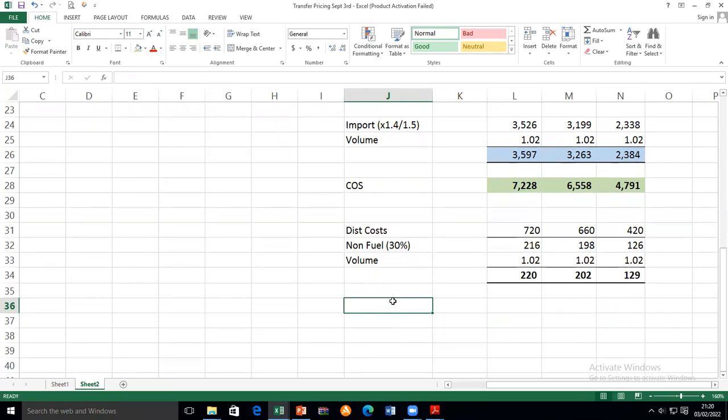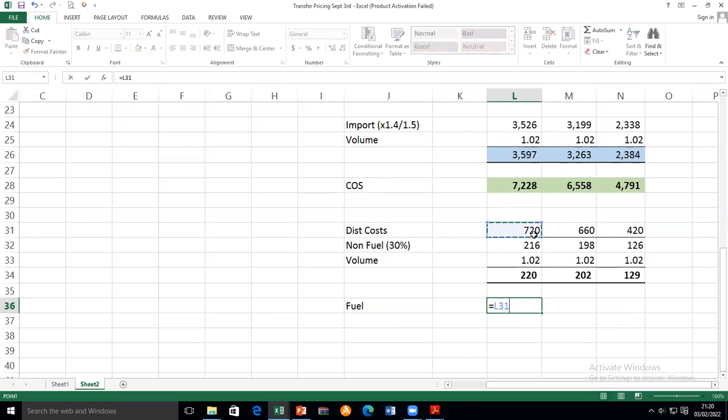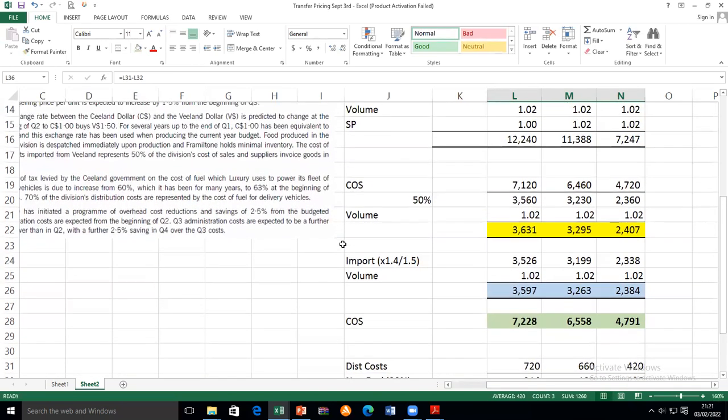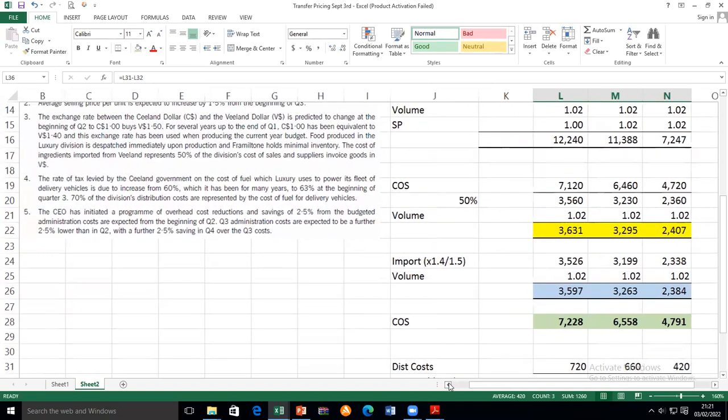Let us now move to 70%, the fuel component, which is that minus this one. So that's the fuel component. This component, let's say there's an issue.